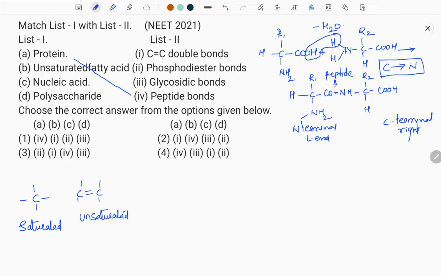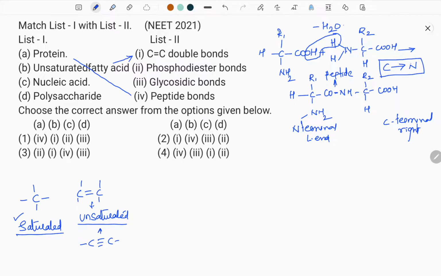Hope it is very clear. I think many of you know that when it has only single bonds, it is saturated. When it has either a double bond or a triple bond, C triple bond C, it is also unsaturated. So for unsaturated, we can write here C double bond C. This is unsaturated fatty acids, right?